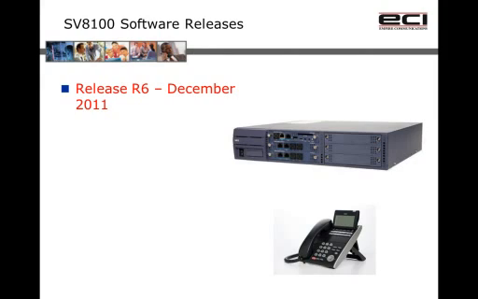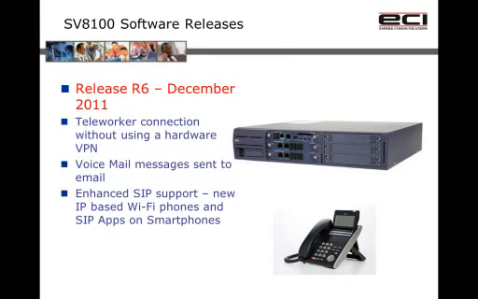I'll go back a little bit to about a year and talk very briefly about release R6. It was released in December 2011. And some of the major elements that were introduced with R6, one was teleworker connections without using hardware VPN.